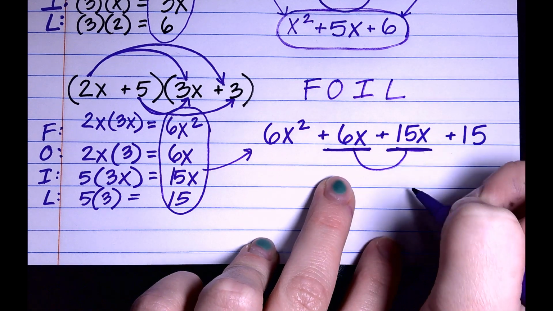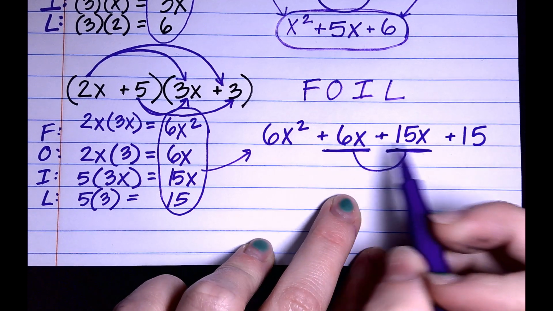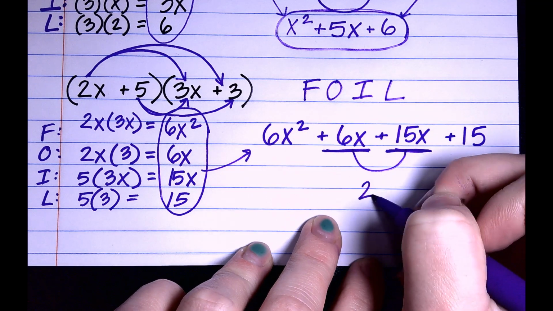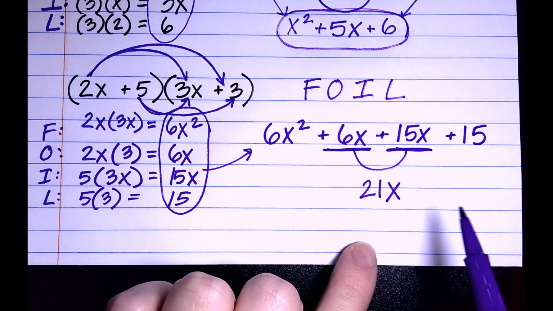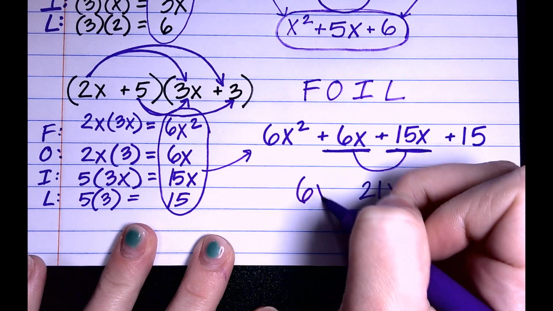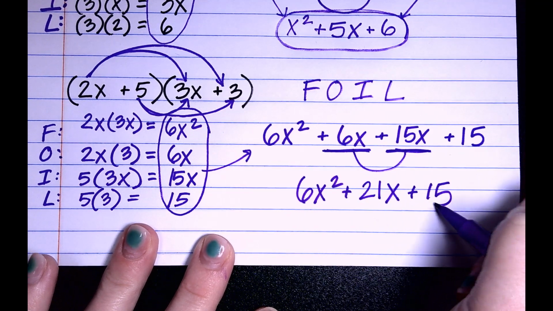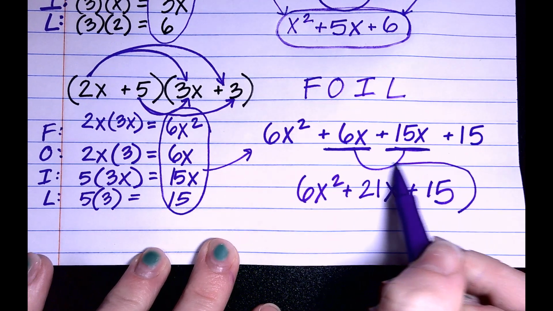Now, is it x or x squared? Just x. Good, good. So 15, 6, 21x. And then we just bring the rest down. 6x squared plus 21x plus 15. And that's our answer.